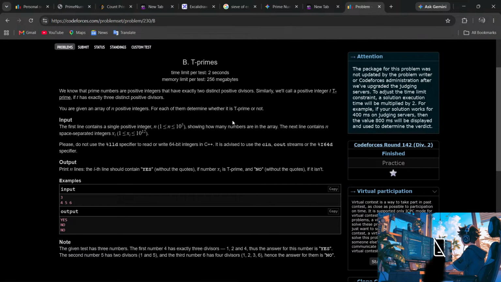Hmm. How will I check if the number is prime or not? If we are using C++, then what I know is that, okay, this is a prime and every number that is divisible by this number is not a prime number.